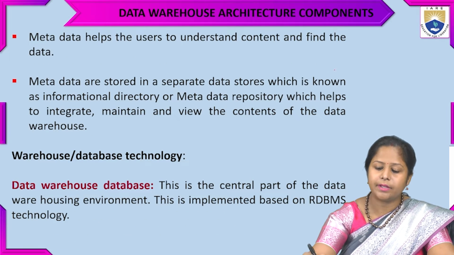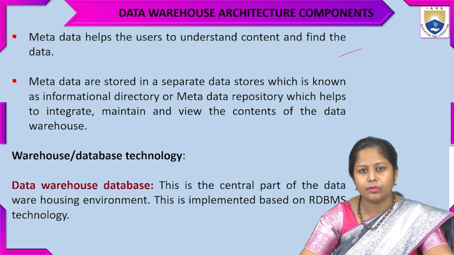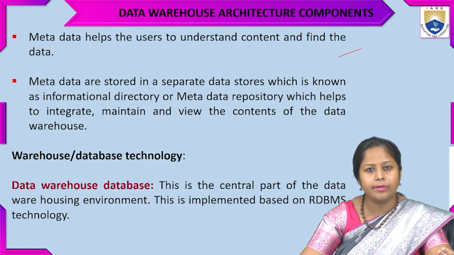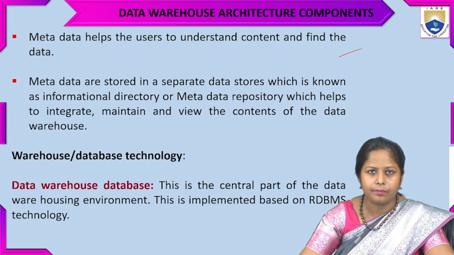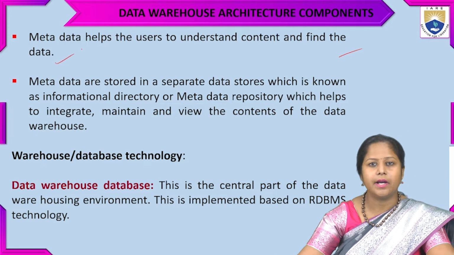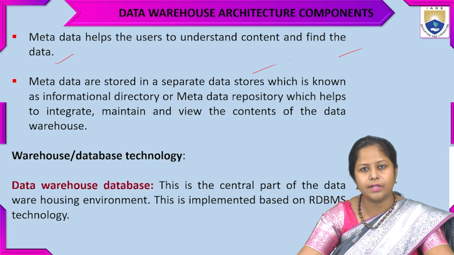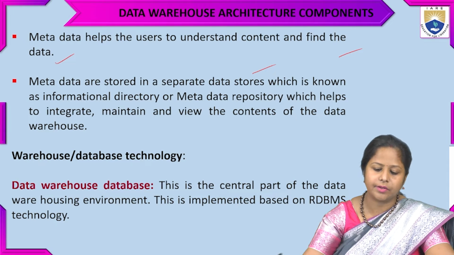That type of metadata helps the user to understand the content in the data warehouse, and then he will find the useful data so that he can fetch the information.